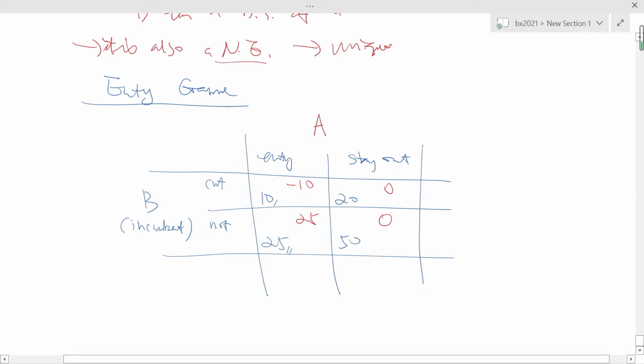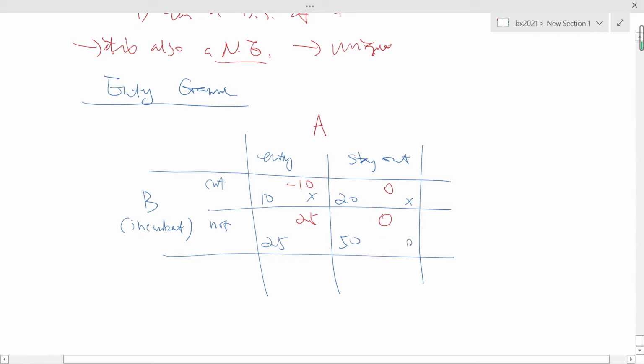So this first cell is not a Nash equilibrium. This is also not a Nash equilibrium. Given that A stays out, B will certainly deviate from cut price to no cut price, because deviation will increase its profit from 20 to 50.